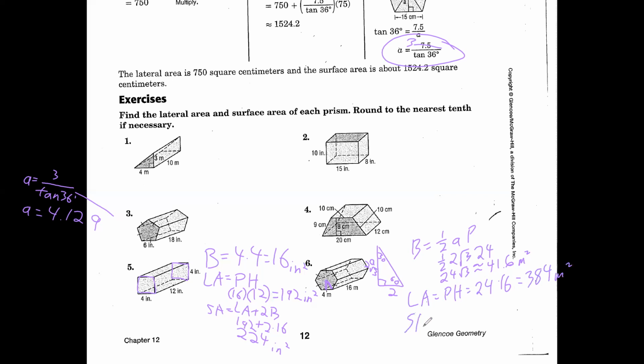Surface area is lateral area plus 2 times the base area, or 467.2 meters squared.